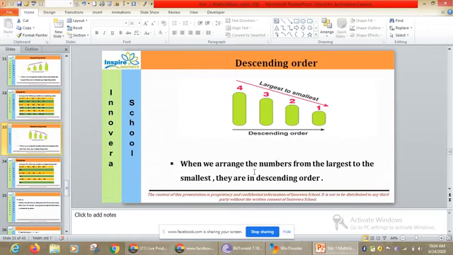When we arrange the numbers from the largest to smallest, they are in descending order. Now we will solve some examples of descending order.